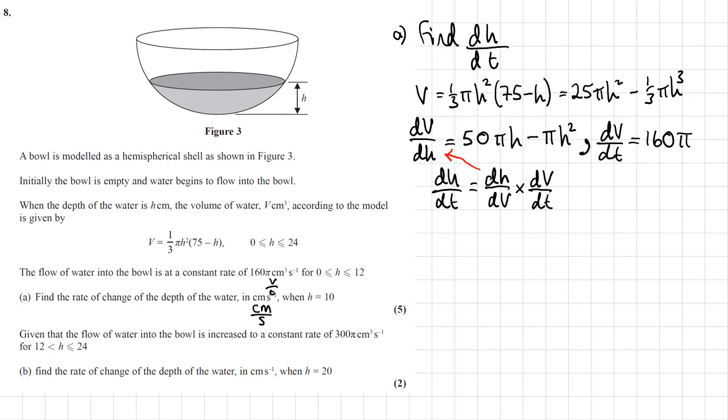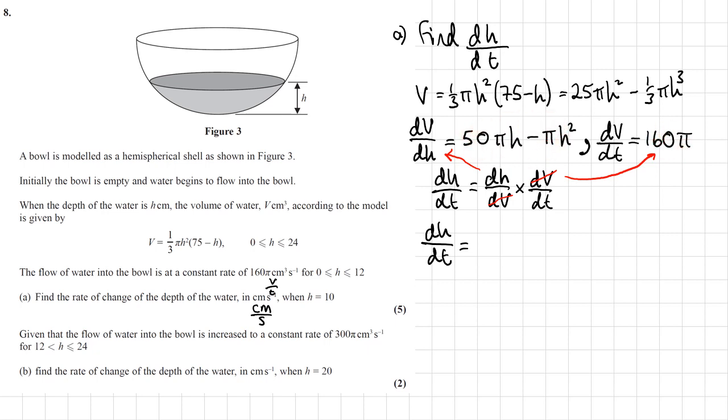Okay, now what's going to happen? Well, the dV's will cancel out, and that will give me dh/dt.